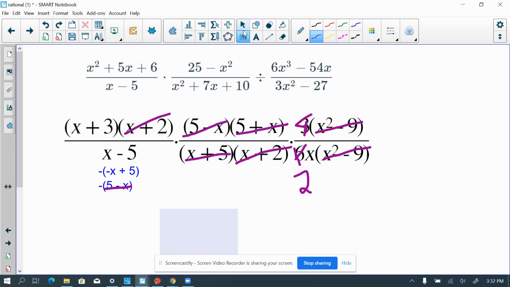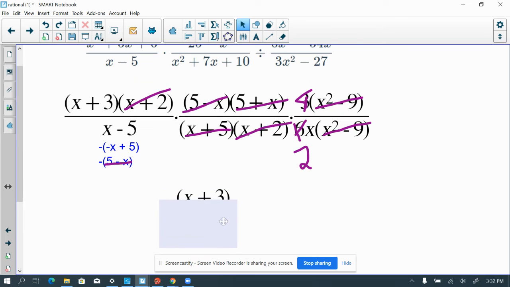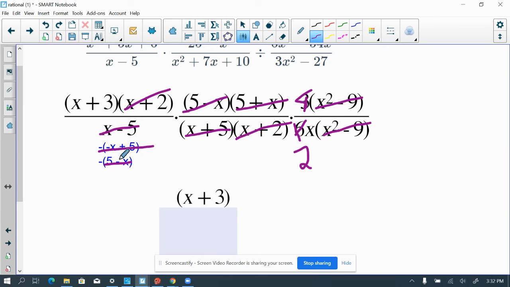So what do I have at the end of the day? In the numerator, I got x plus 3 times 1 times 1 times 1 times 1 times 1. So it looks like x plus 3 is just alone in the numerator. In the denominator, remember this x minus 5 became that, which became this. And what's left over?